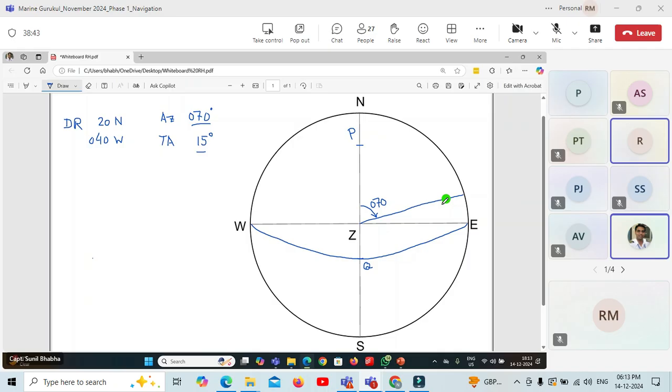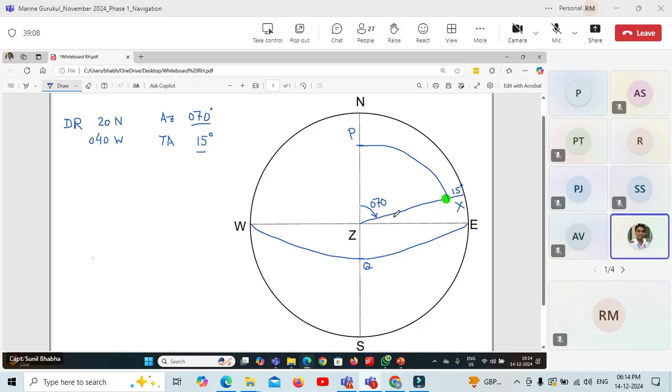Great. So we have the body. Let's call the body X. Now let's draw the celestial meridian of the body, which is PX. I have drawn PX also. Now altitude is 15 degrees, basically this arc is 15 degrees.